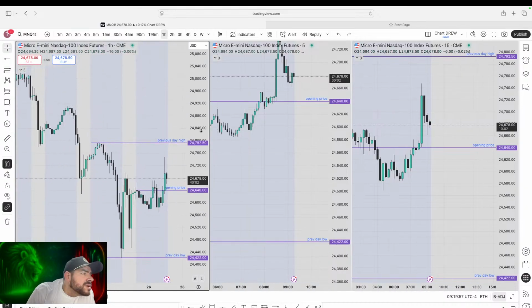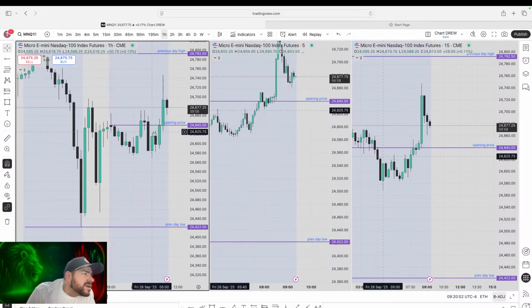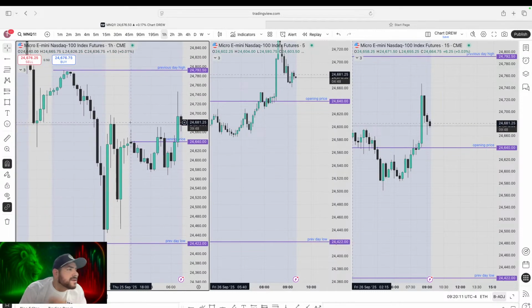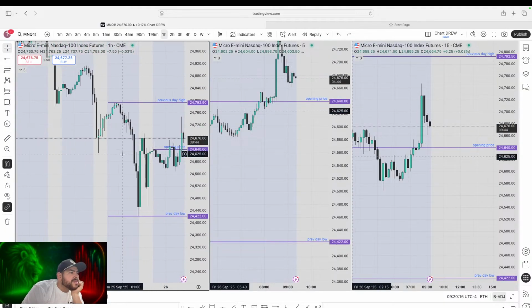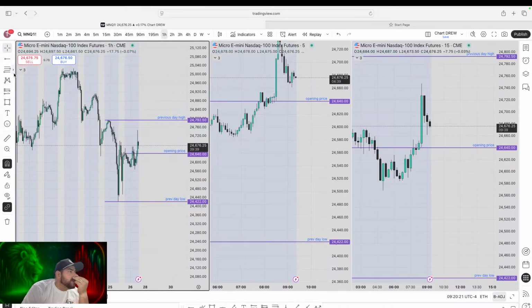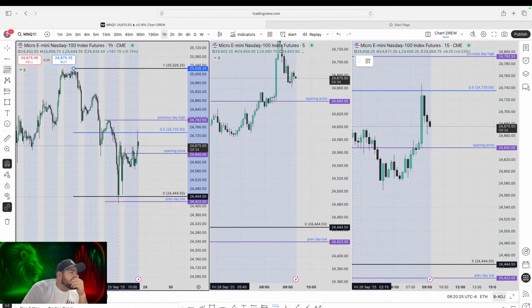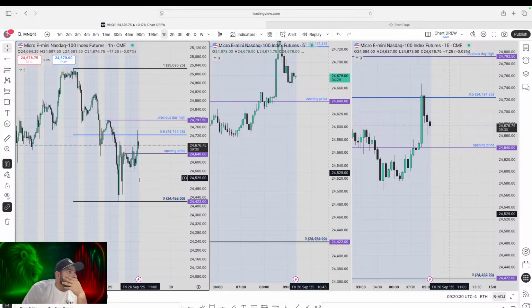1 hour. Let's jump to the 1 hour now. Let's see if we got any fair value gaps, anything going on here. Nothing really going on here on the 1 hour that I could tell. If anything, we could look at, let's check this out. We can kind of measure the midpoint of this range here. So we are at the midpoint right here.